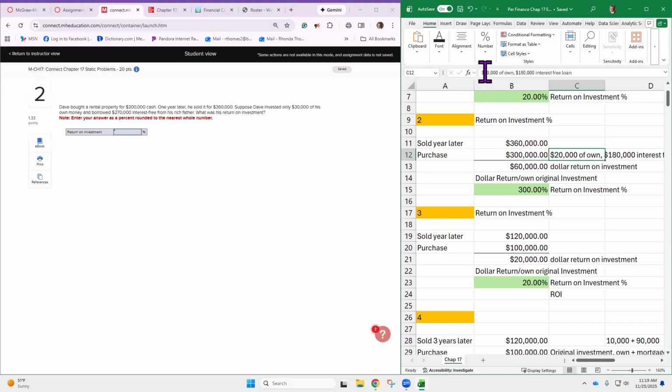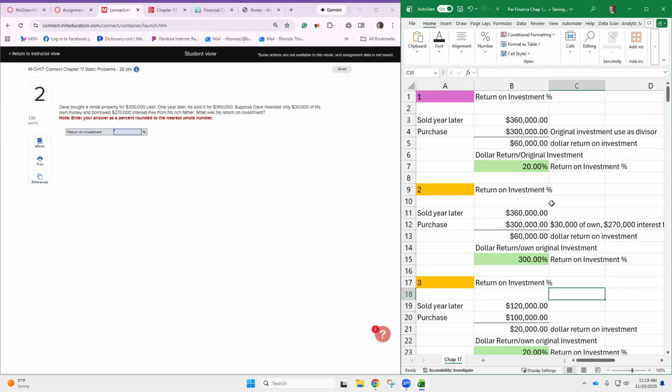So anyway, here's how it works. $30,000 was his money, right? And then $270,000 was an interest-free loan. Yes, it has to be paid back, but anyway, if you just looked at the return on the investment, it would be the 20%, just like before, if you use the whole amount, right?